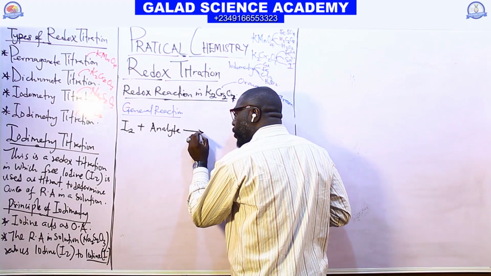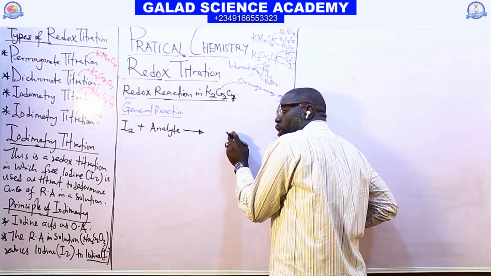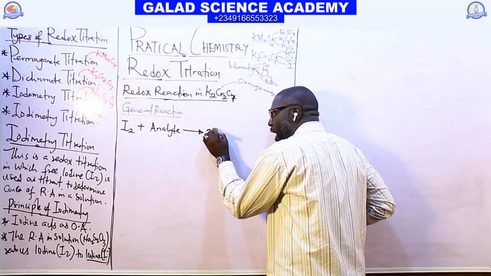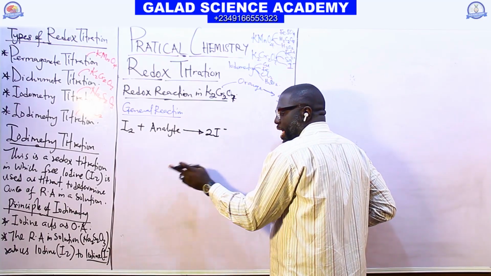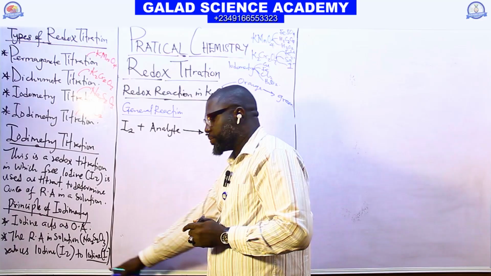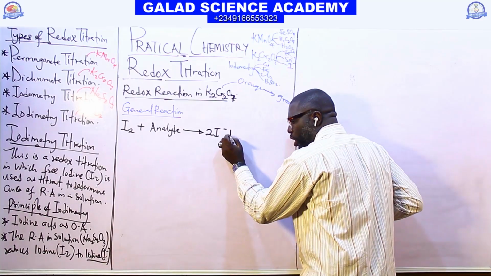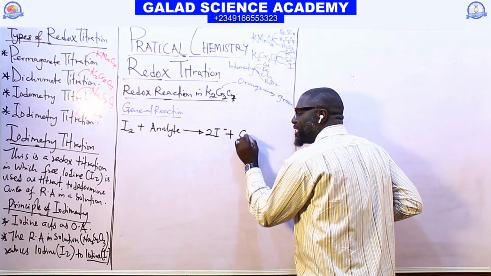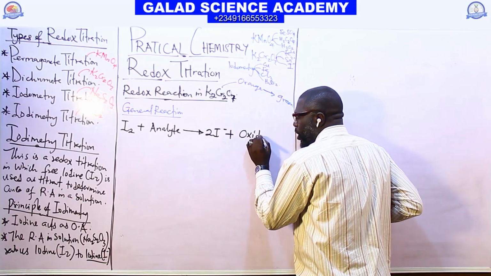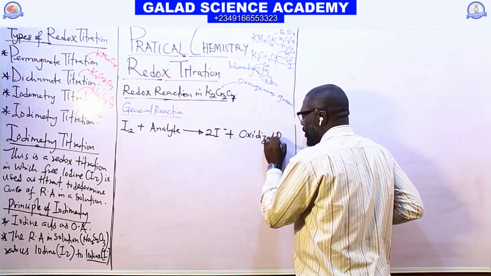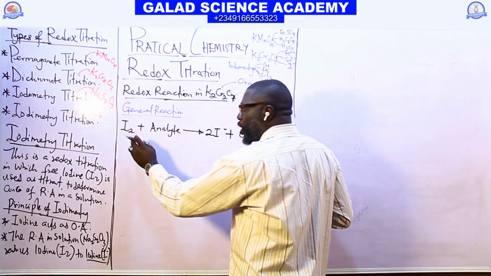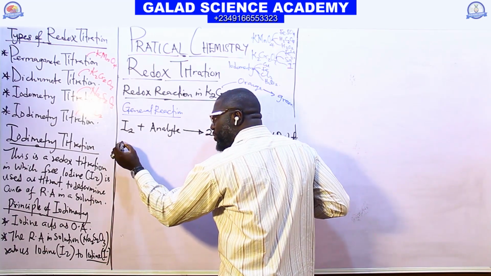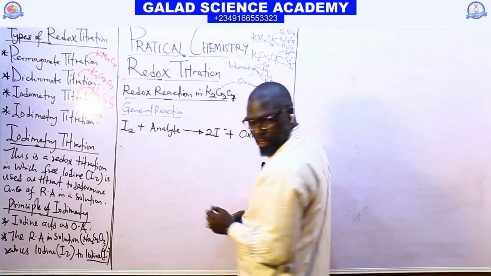It will now give us iodide ion (I minus) plus oxidized products. The iodine we have here is an oxidizing agent.